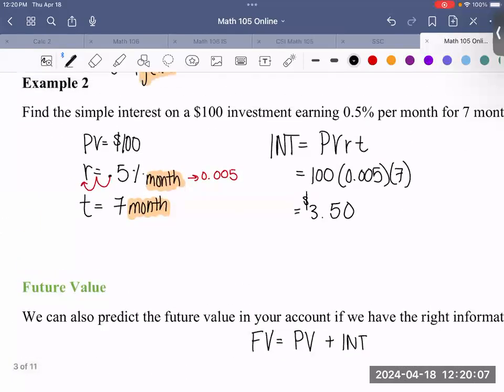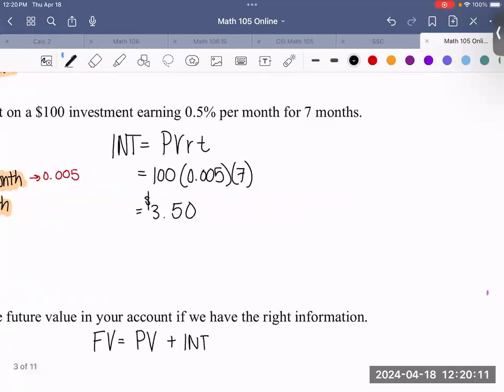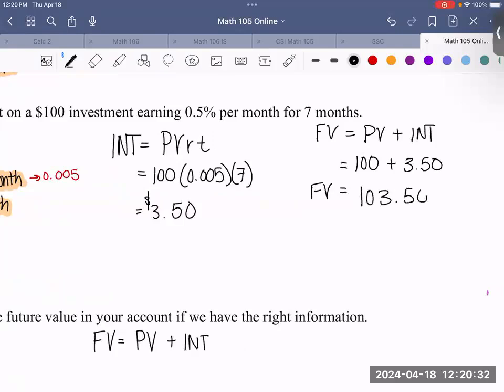Just because they didn't ask it on the last 2 questions, we could still figure it out. So if we look for future value here, it's your present value of $100 plus the interest that was gained on the account. So your future value in this case would be $103.50.